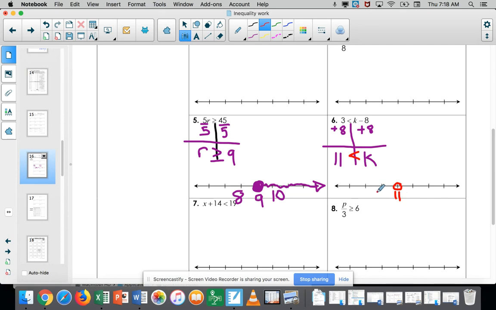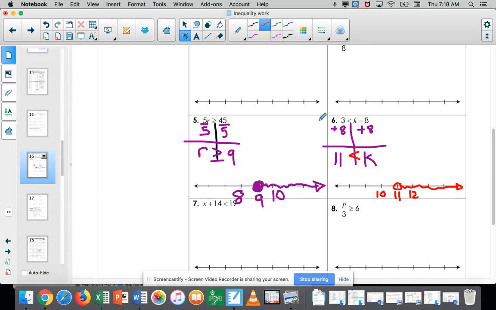Then I ask myself, would 10 be a possible solution, or would 12 be a possible solution? Is 11 less than 10? You'd go, no. Then I go, is 11 less than 12? And you would say yes. So I would shade to the right again. And I've now completed a multiplication inequality and a subtraction inequality.